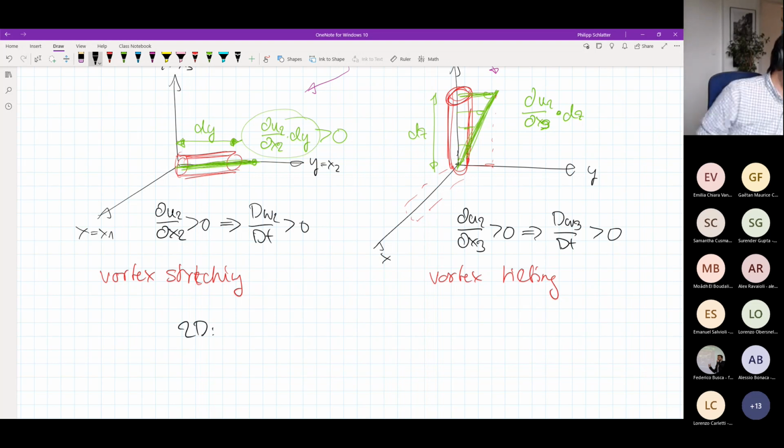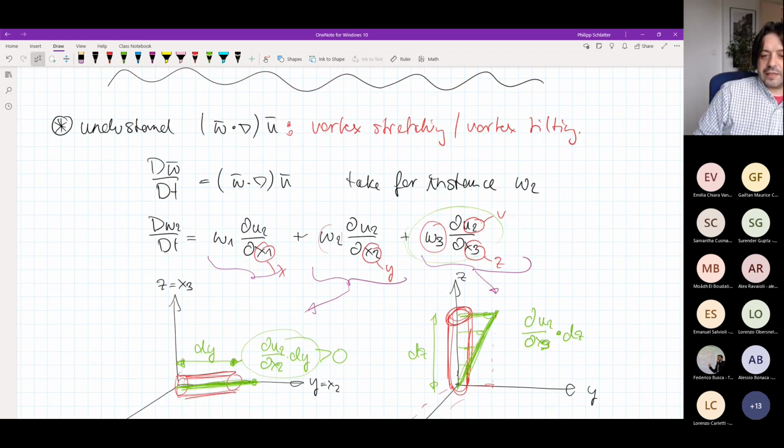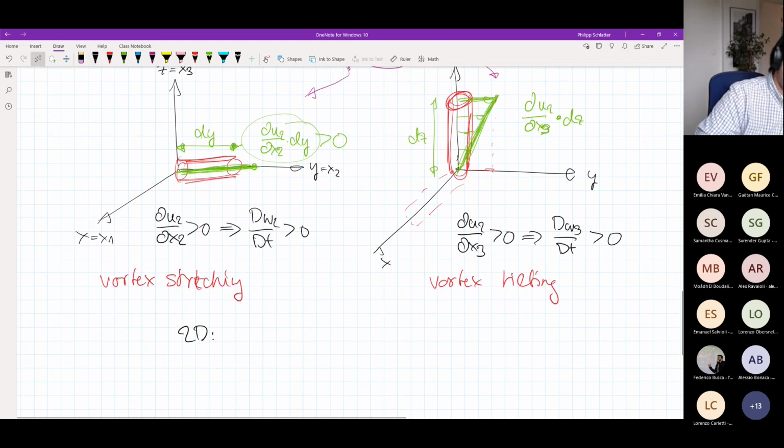If we consider a two-dimensional flow, then this vortex stretching or vortex tilting term is always 0. The reason for that is that the vorticity and the velocity gradient are always orthogonal to each other. So the dot product between omega and the velocity gradient is always 0. That means in 2D, there is no vortex stretching or vortex tilting.